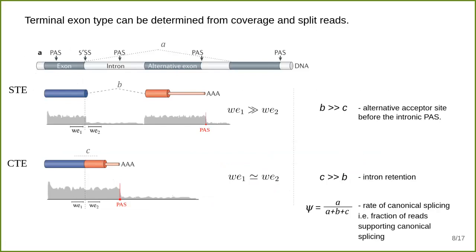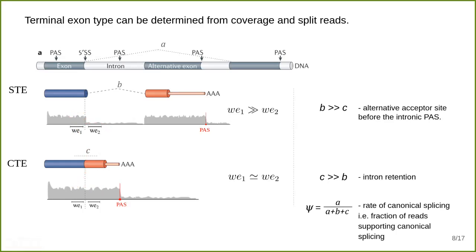These two types can be distinguished based on relative coverage of the intron beginning. As shown on the scheme, coverage of the intron beginning is much lower than the exonic one for skipped terminal exon, while coverage does not change at exon-intron border in case of composite terminal exons.